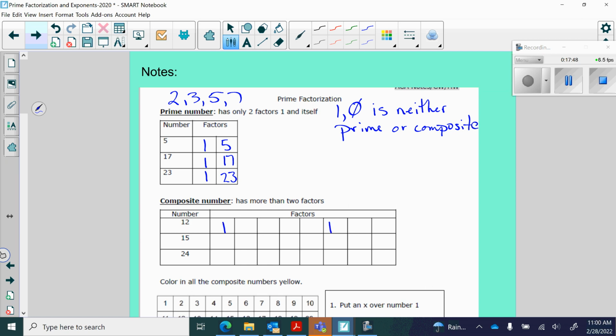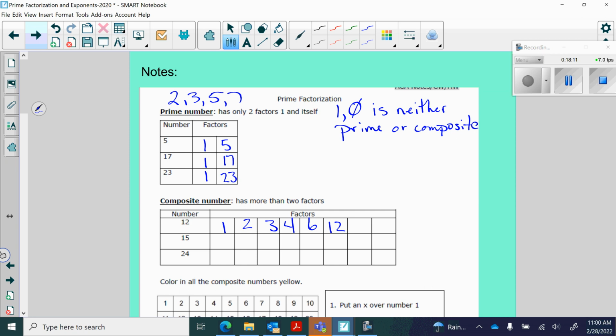So 2 factors of 12 are 1 and 12. What about 2? 2 times 6. What about 3? 3 times 4. So those are all factors of 12, making it a composite number, because there are more than 2 that will multiply to get it.